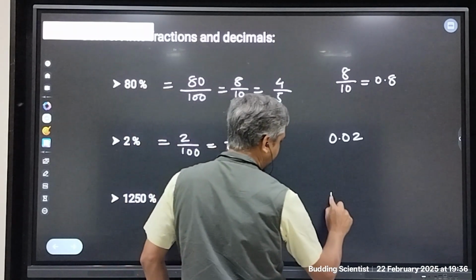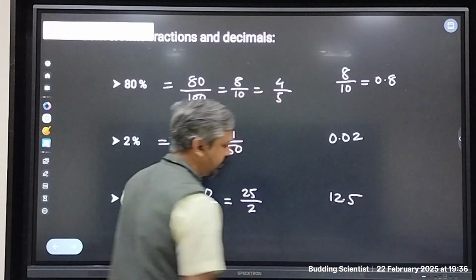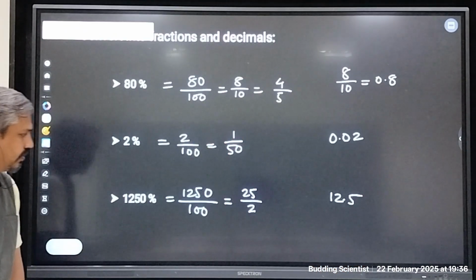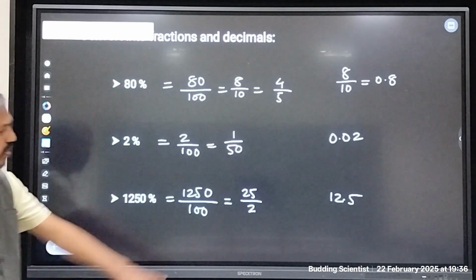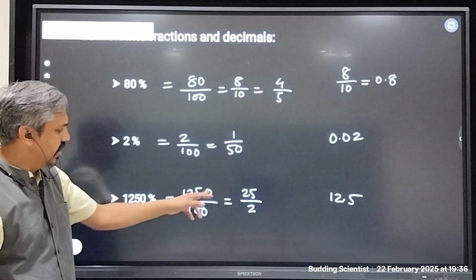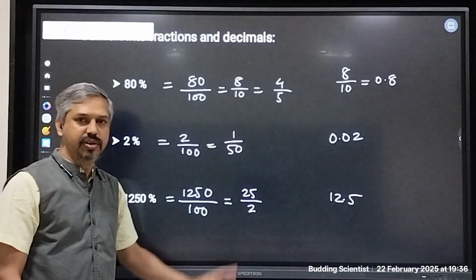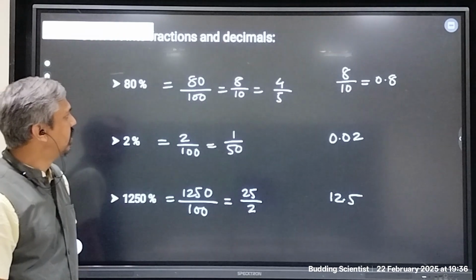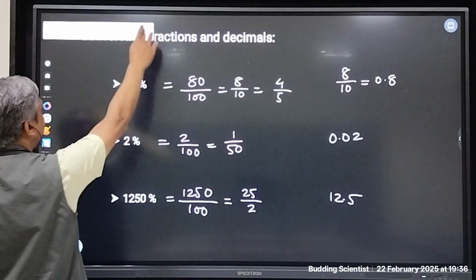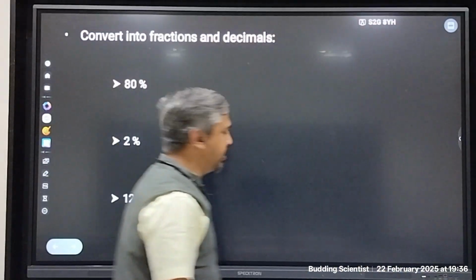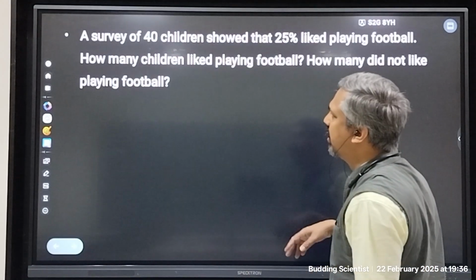And in decimal form it will be 12.5. You don't have to divide here, you can just divide by 100, move the decimal point, and get 12.5. So you'll get the answer 12.5. This is what the first few problems in the exercise are, very simple. Now let's see this one.